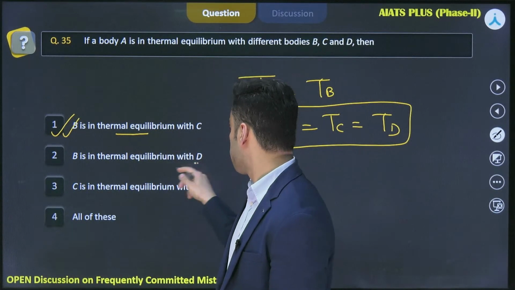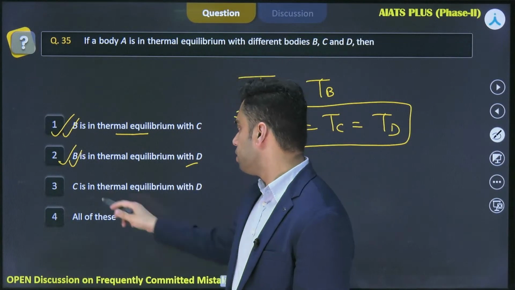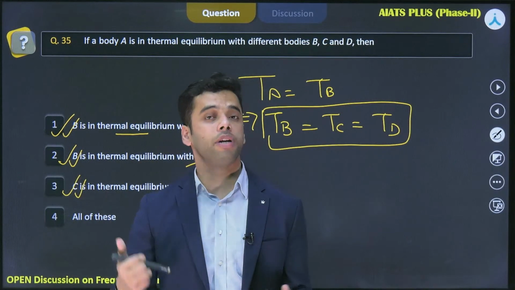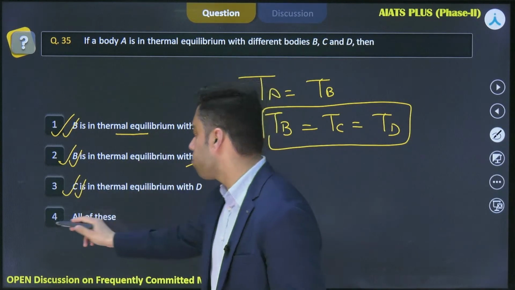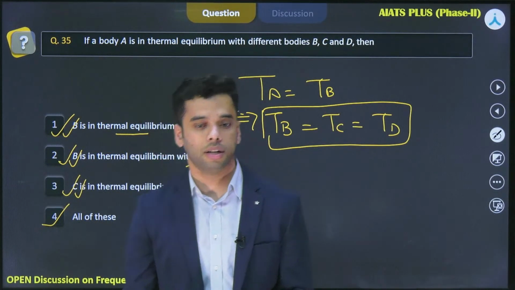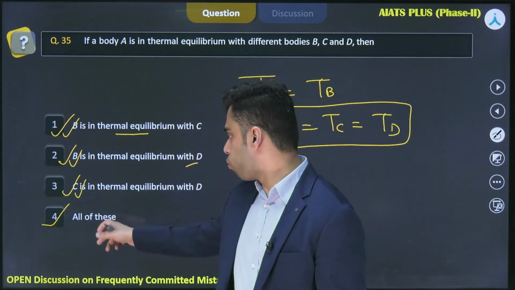B is in thermal equilibrium with D. Yes, this one is also correct because TB was equal to TD. C is in thermal equilibrium with D. Yes, TC was also equal to TD. So all these three are correct. It means that the correct answer should be option 4. Yes, Chitra ji, the correct answer should be option 4, all of these, right?